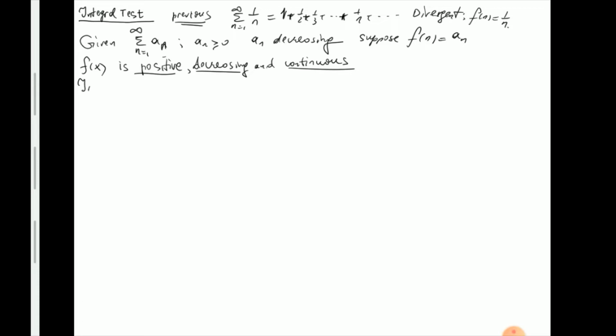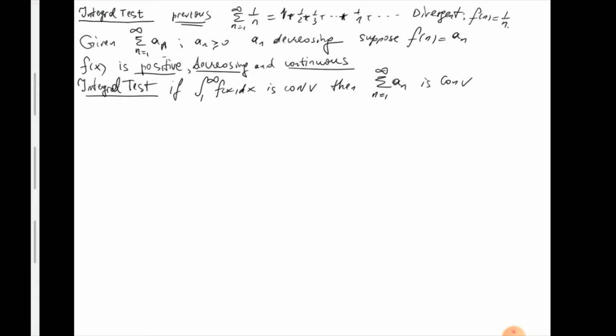Then what we call the integral test states that if the integral from 1 to infinity of f of x dx is convergent, then the series associated to this function is convergent.